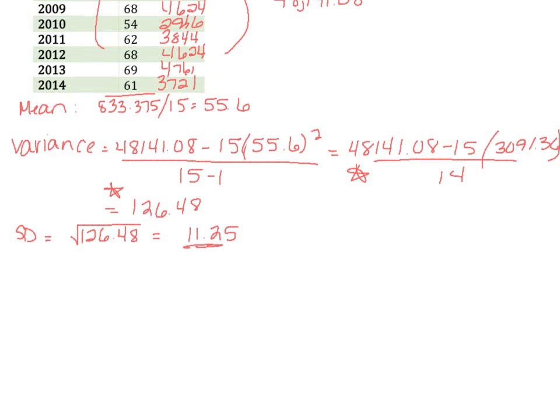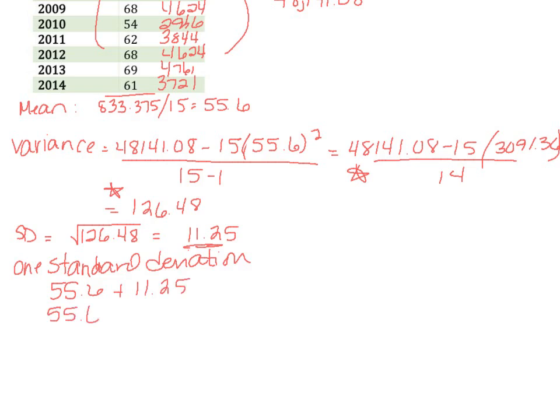Now we want to talk about one standard deviation. So to do that, I'm going to take my mean and add one standard deviation, and then take my mean and subtract one standard deviation.